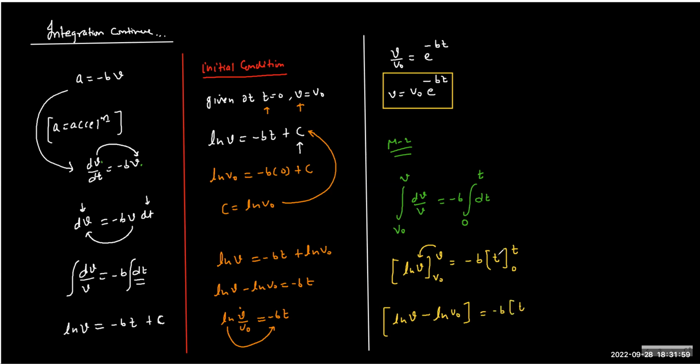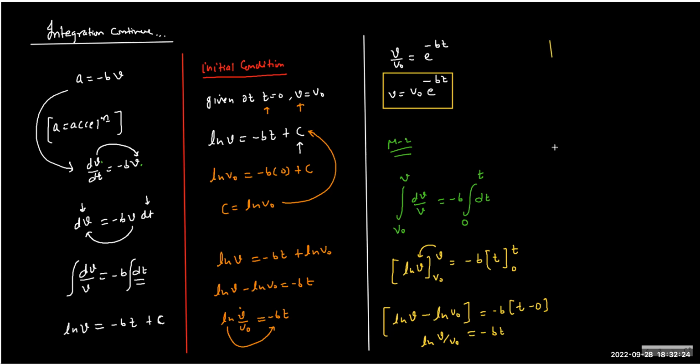So replace t by t, and we are replacing t by 0, the limit. It is quite possible to have the limit similar to the variable. By the properties of logarithm, we can write ln a minus ln b as ln a by b.